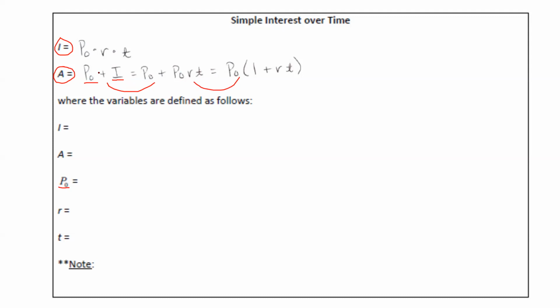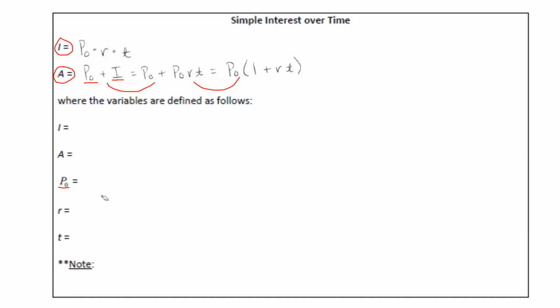So don't think of these as three separate bits, but rather three of the same thing. And sometimes it's going to be easier to work with one over the other. Now, a really common mistake that students will make is they'll use the I formula when they're supposed to be using the A formula, and vice versa. So make sure that you're on top of what's going on there.